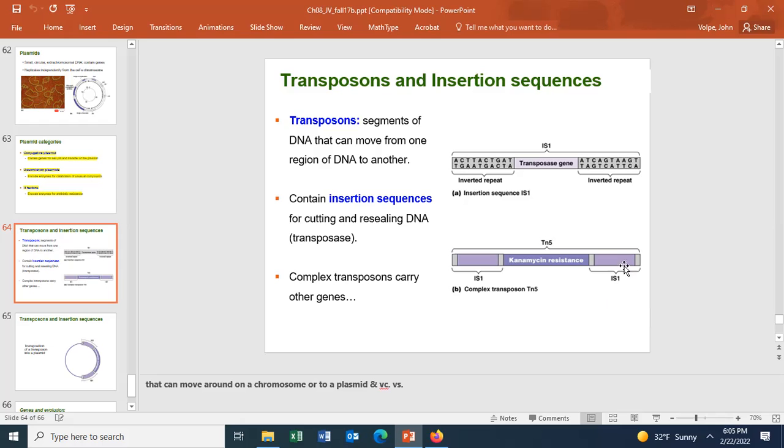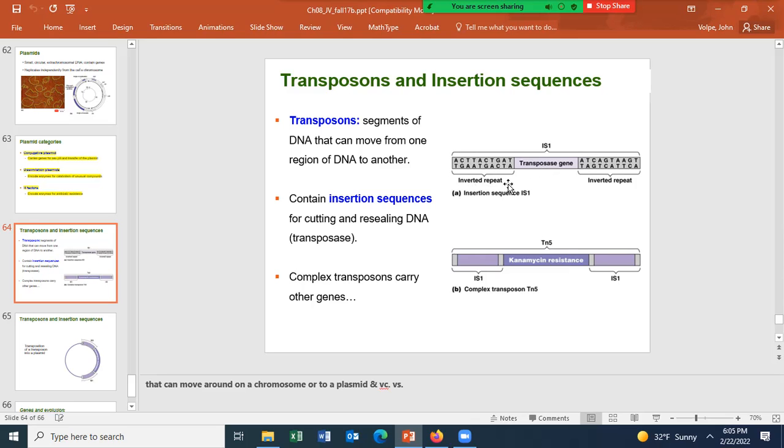Transposons always encode the transposase gene, and that literally cuts out the transposon here and here, and then binds the DNA together, meaning this portion of the DNA will be bound to this portion of the DNA. The transposase gene does that. And then the transposase gene cuts the DNA and allows the transposon to bind to where that DNA is cut.